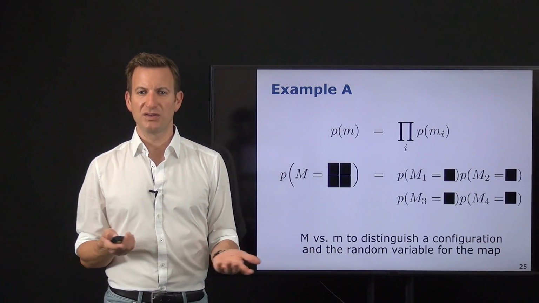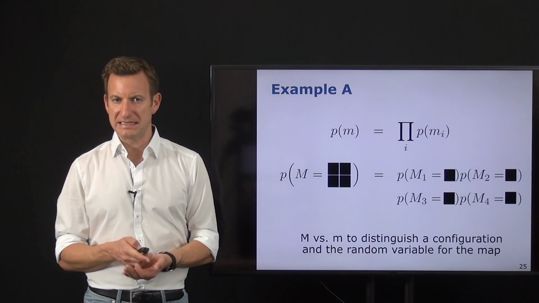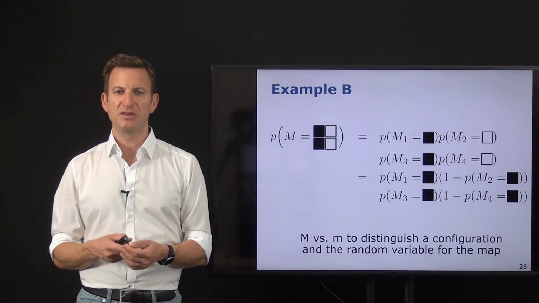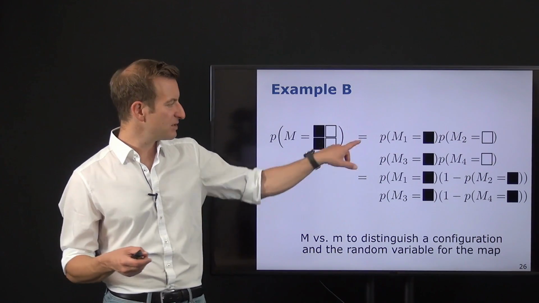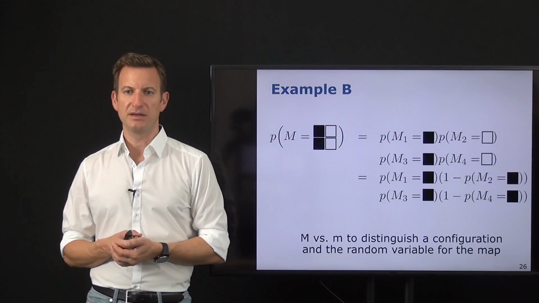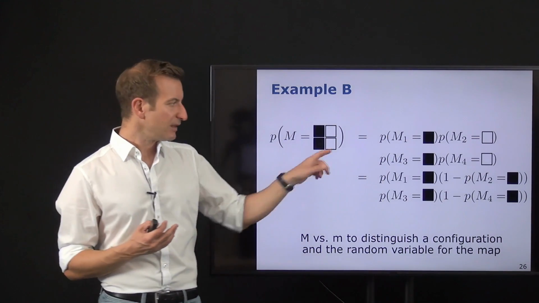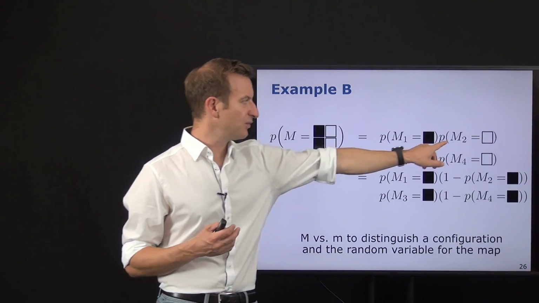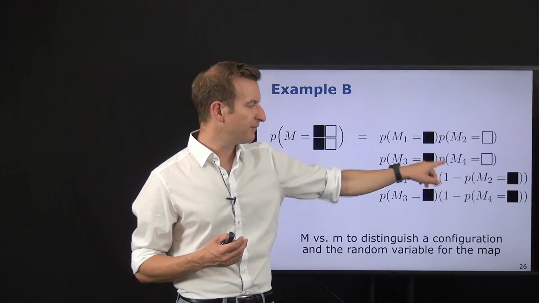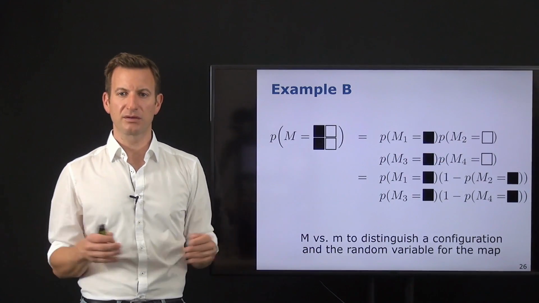Maybe, however, I'm interested in a different map instance. So if I ask, what's the probability that 2 of the cells are occupied, especially those 2, and that those 2 are free? Then this would be the probability that M1 is occupied, that M2 is free, that M3 is occupied, that M4 is free, just the product of them.